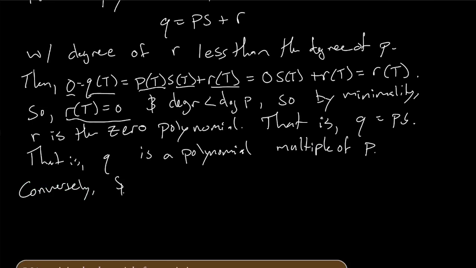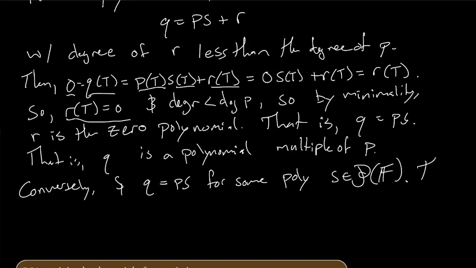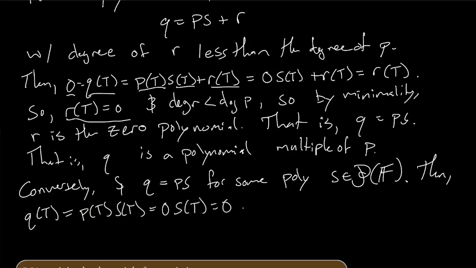Conversely, I'll suppose Q is equal to PS for some polynomial S in P(F). Then Q of t is equal to P of t, S of t, which is just 0 times S of t, which is just 0.